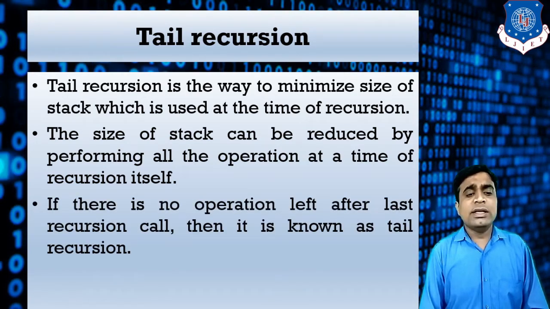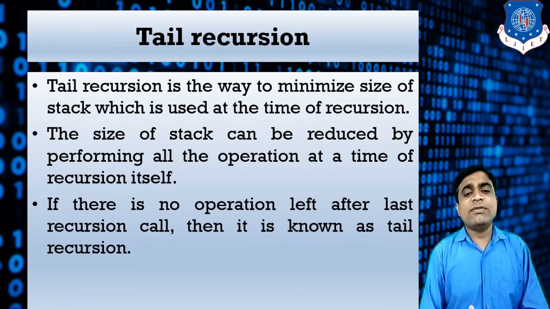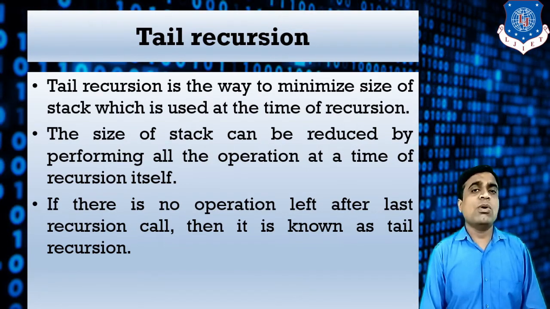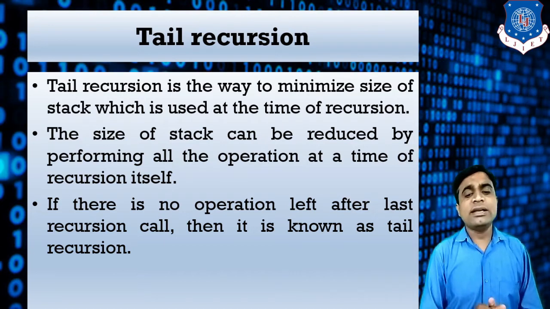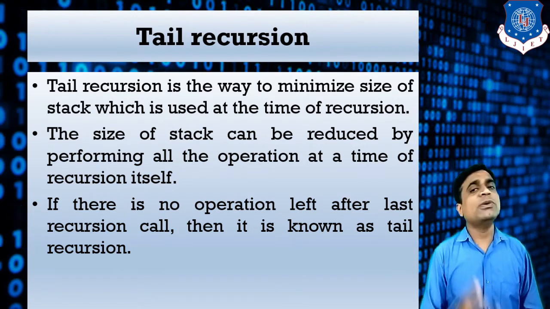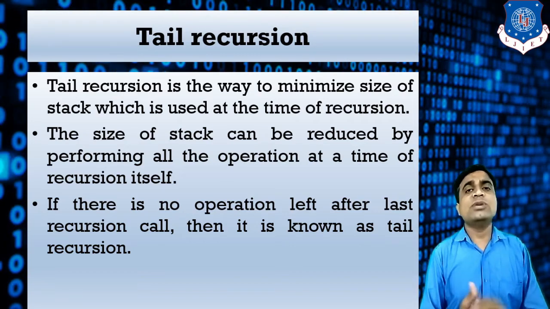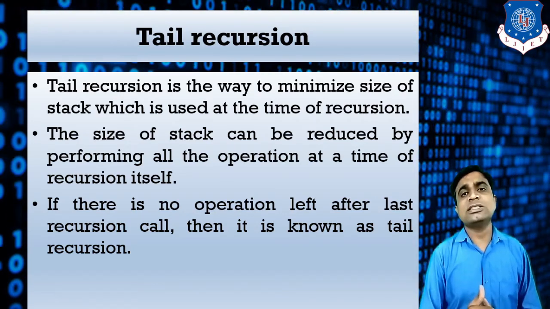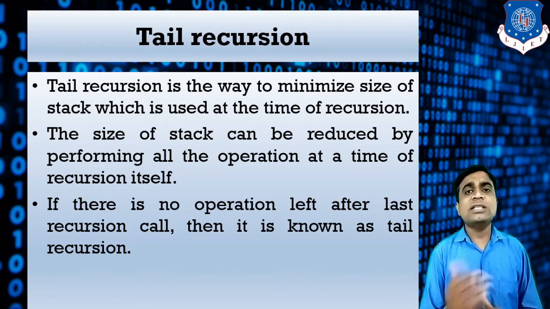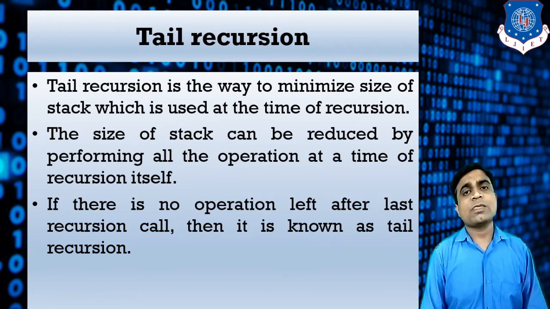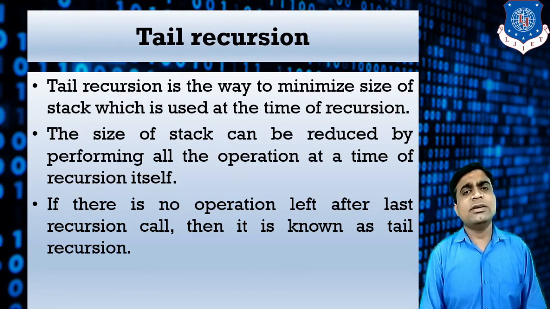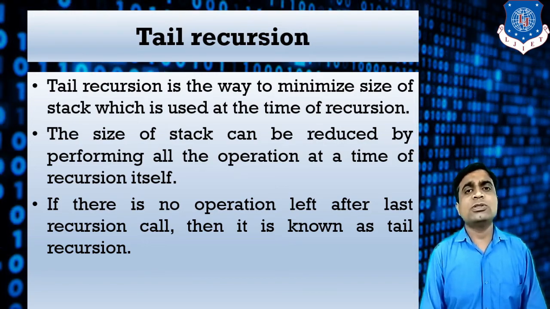If there is no operation left after the last recursion call, that is known as tail recursion. So the last recursion function call is called tail recursion. I will also explain this topic with the program.